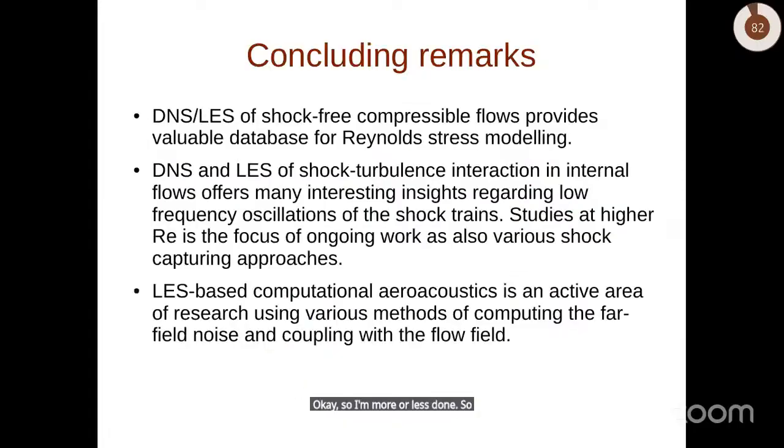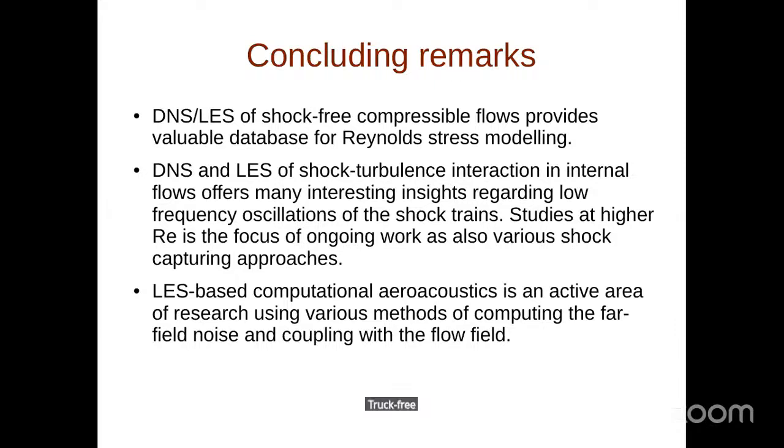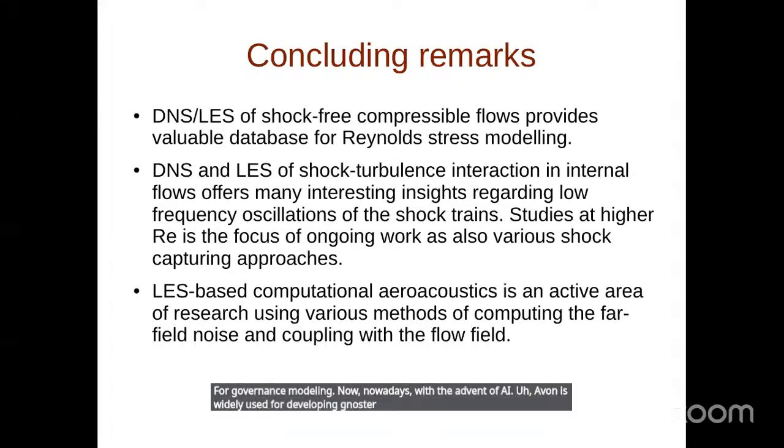So just summarizing what I talked about, you got a glimpse of how important DNS and LES, that is direct numerical simulations and large eddy simulations of shock-free compressible flows, are in terms of providing a valuable database for turbulence modeling. Nowadays, with the advent of AI, AI is widely used for developing Reynolds stress models or turbulence models.